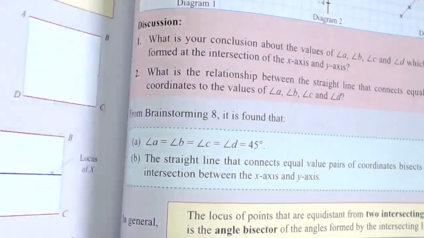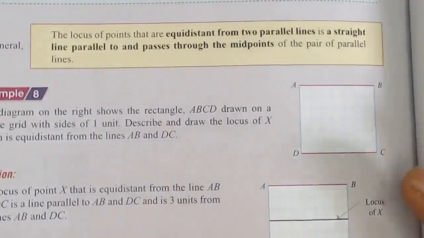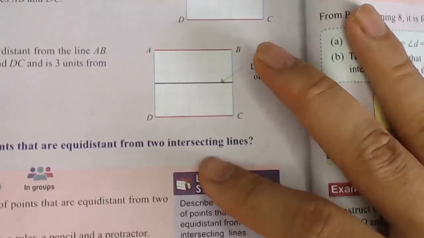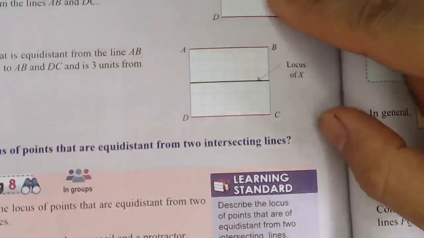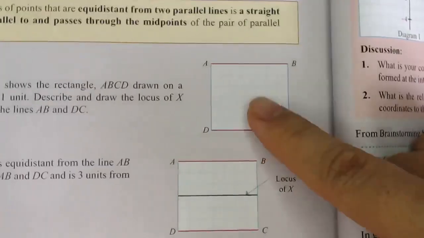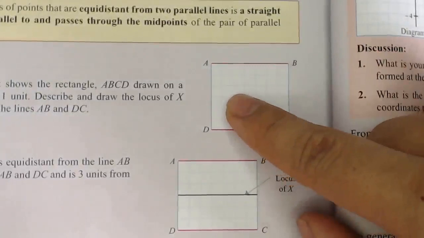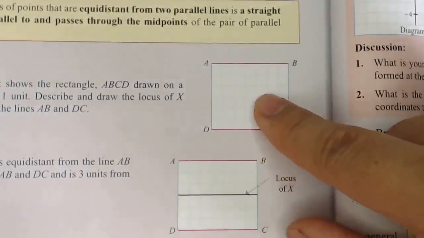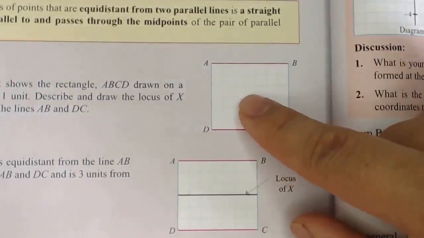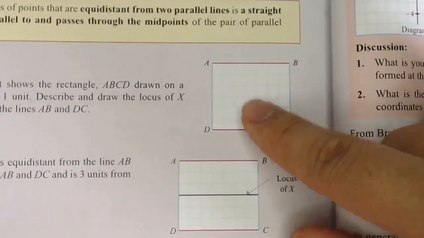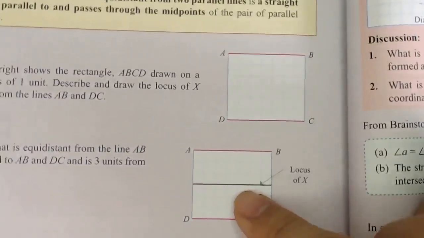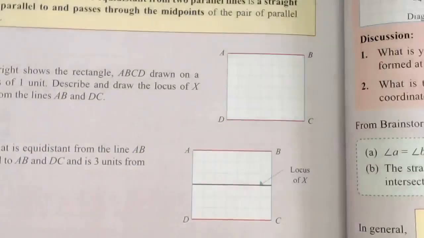To test your limit, test your understanding. This got no problem at all, right? Because we are assisted by the grid line here. So you know where you want to place your ruler and then draw a locus.